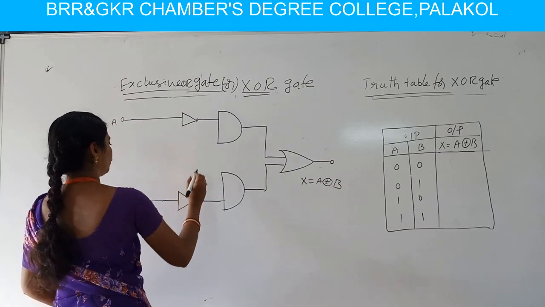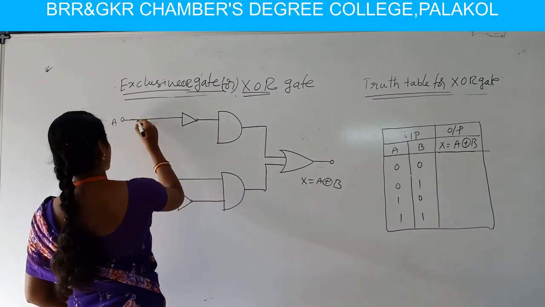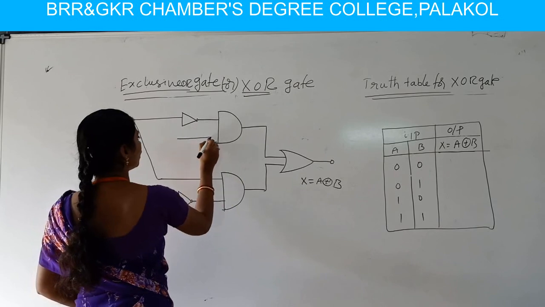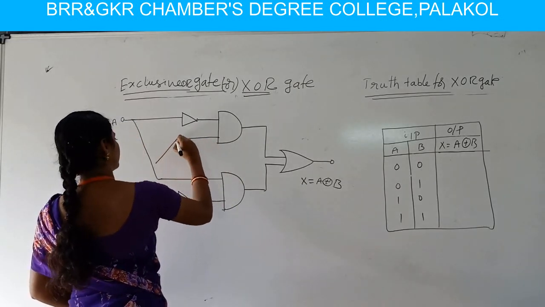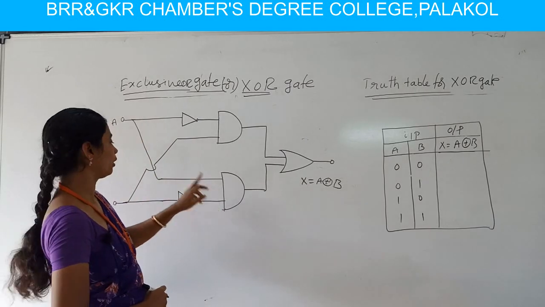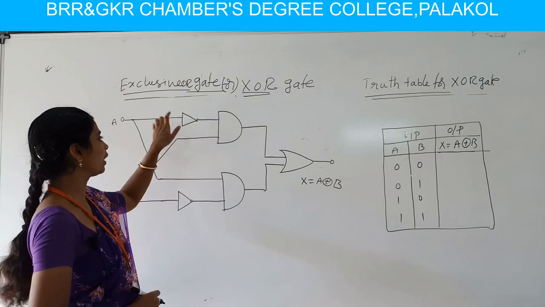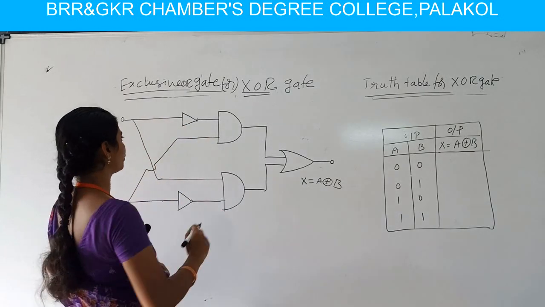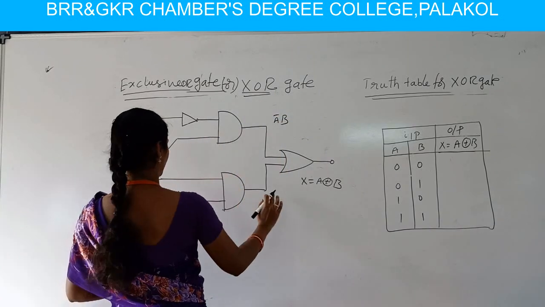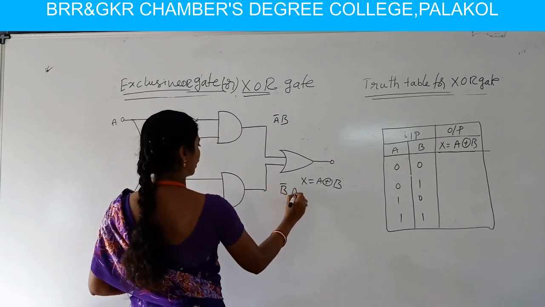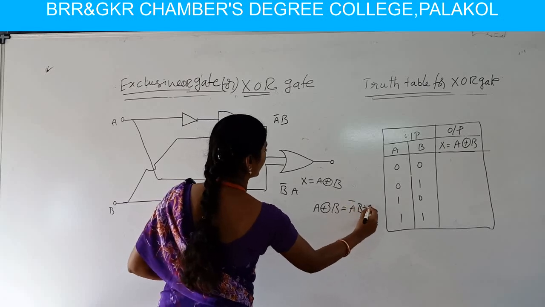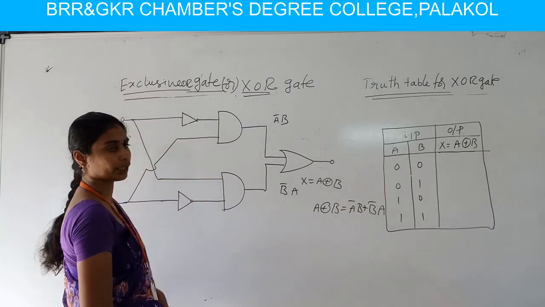We take the A variable to this AND gate, and B to this AND gate, with NOT inversion, so we have A bar and B bar. Then A bar B operation is done here, and here is B bar A. So our result A encircled B means A bar B plus B bar A. This is a very important circuit diagram.